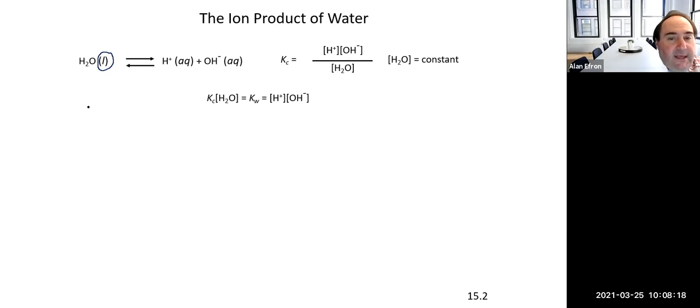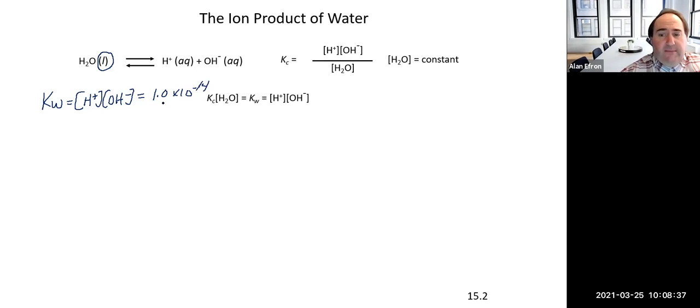This gives us a relationship which is referred to as Kw. Kw is the H plus concentration times the OH minus concentration, and that equals, as it shows on the bottom of the page, 1 times 10 to the minus 14 at 25 degrees Celsius. That's probably most of the time what you would be working at. This equation is one of the first ones you will see, with H3O plus and OH minus equal to 1 times 10 to the minus 14.